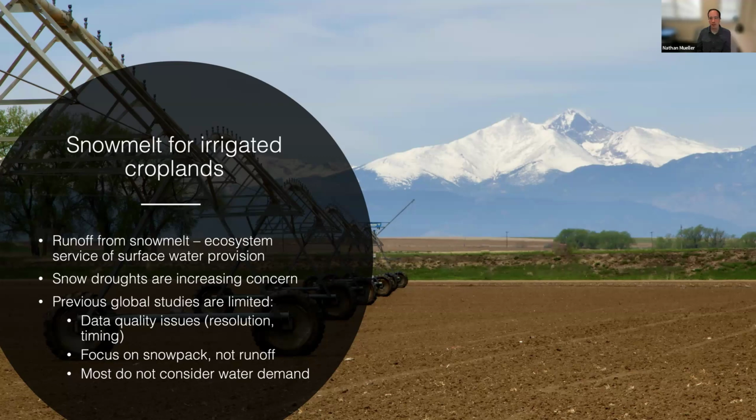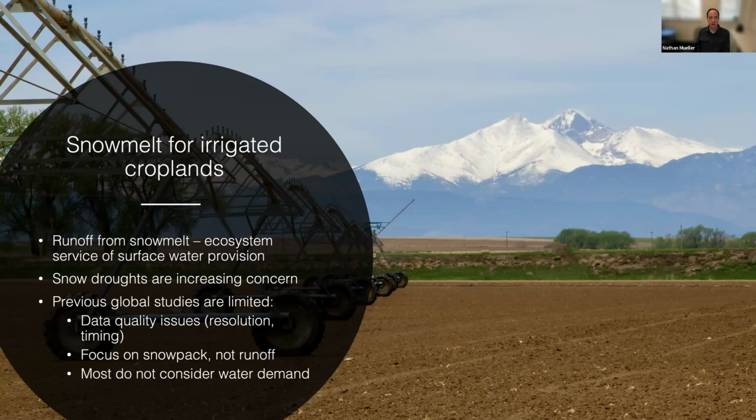So we see the highest productivity places in the world are almost always irrigated places. And I should mention, irrigated areas produce a disproportionate amount of the world's calories relative to their area because they are so productive.